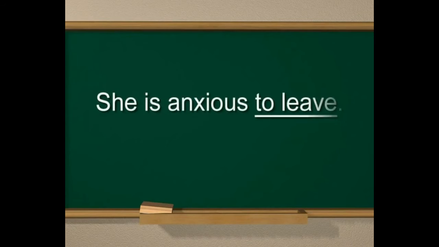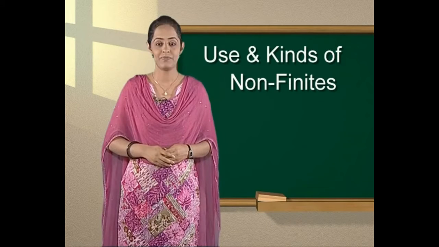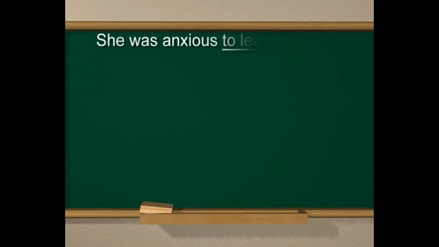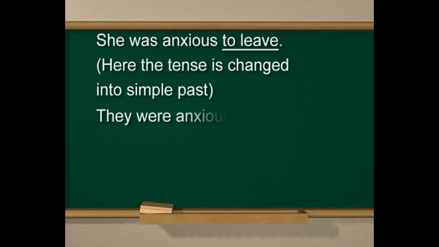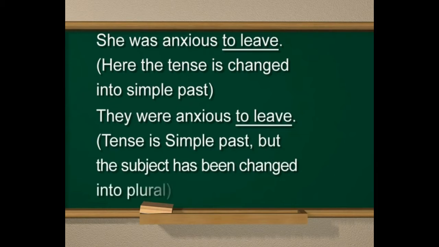She is anxious to leave. Simple present. By changing the tense, she was anxious to leave. Here the tense is changed into simple past. They were anxious to leave. Tense is simple past, but the subject has been changed into plural.